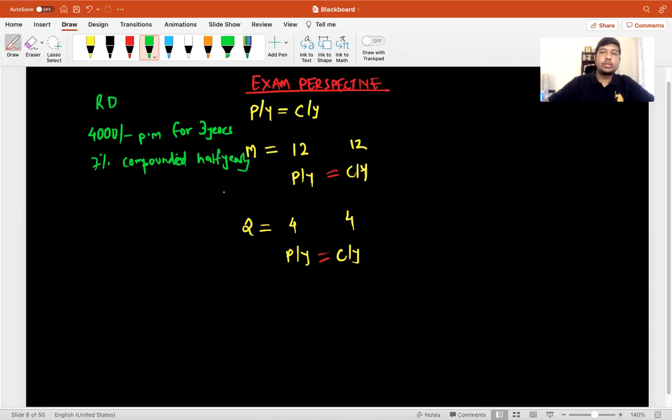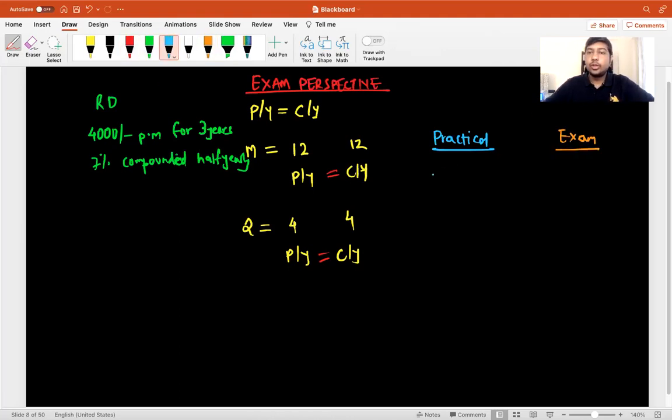Okay, so these are the inputs. Now, I'm going to show you 2 things. One, how do you do this practically? And 2, how do you do this from an examination perspective?